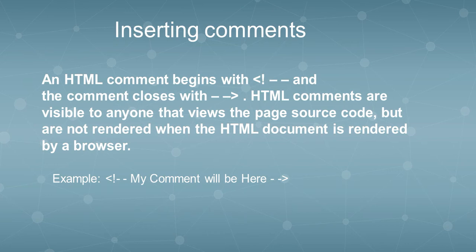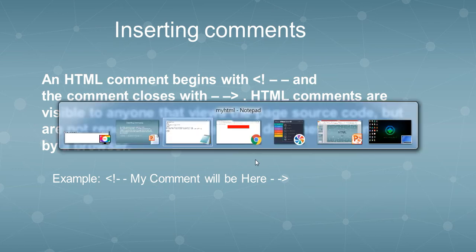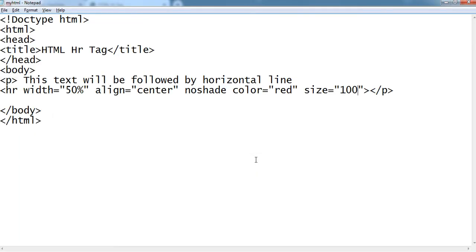Now you can see how to insert a comment. This is possible with the help of this example. Angle bracket open, exclamation sign, then double hyphen, and whatever comment we want to place here, and then after that double hyphen and angle bracket close. You can see the example also. This code will not change any kind of output.